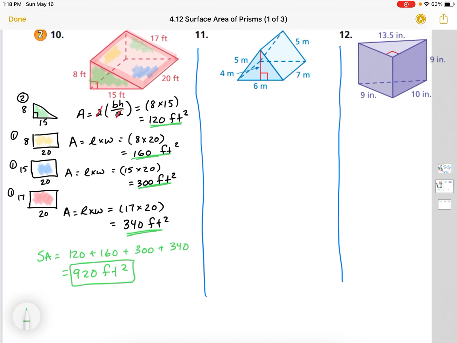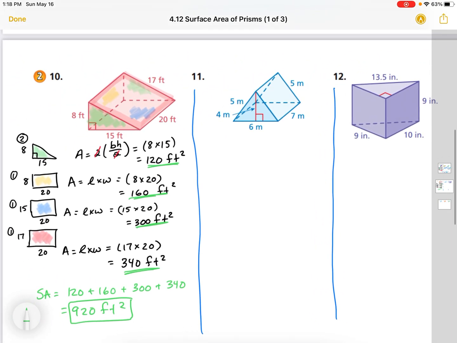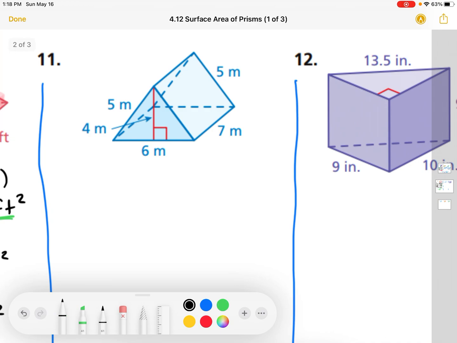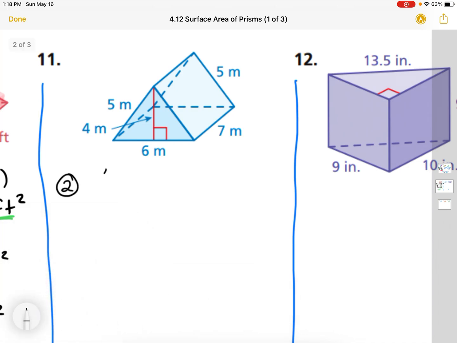With triangular prisms you can't use a formula like you can with rectangular, so you really have to account for your sides. So let's take a look here. I know I'm going to have two triangles, which are 4 by 6.